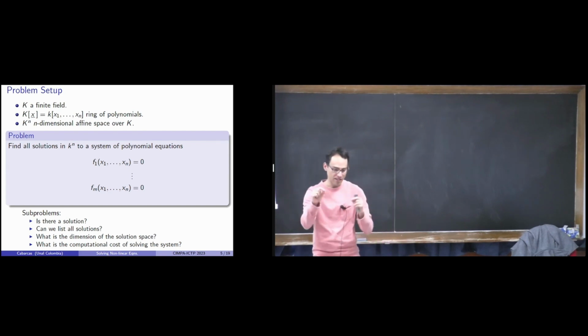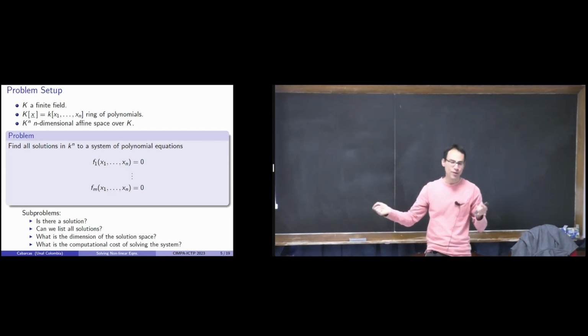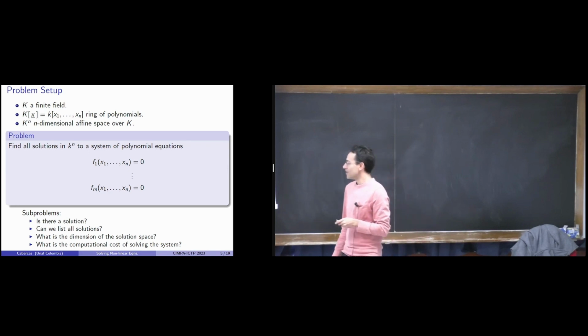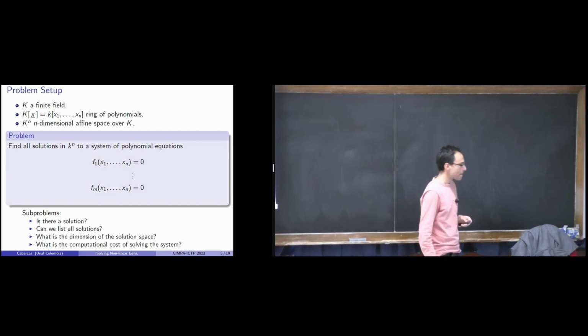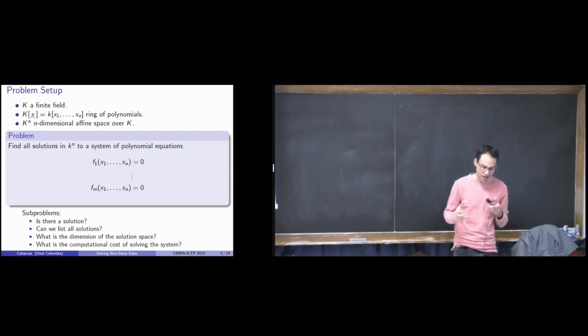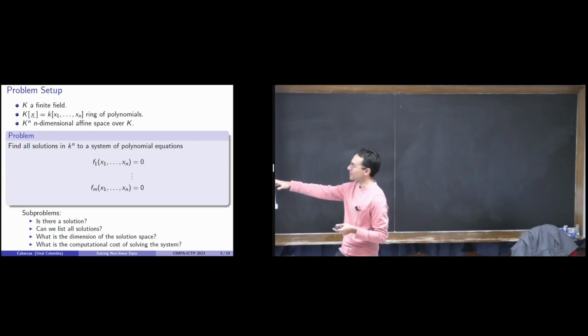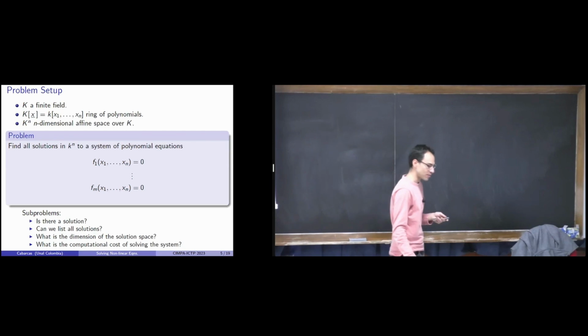It could be just isolated points, or it can be kind of a curve or a surface. I mean, we're talking about a finite field, but still, you can talk about the dimension of the solution space. And then, what is the computational cost of doing this? In cryptography, we are interested in solving very, very large systems where the complexity is critical. We want to be able to solve very large systems of polynomial equations.